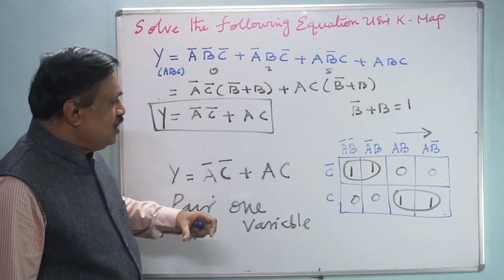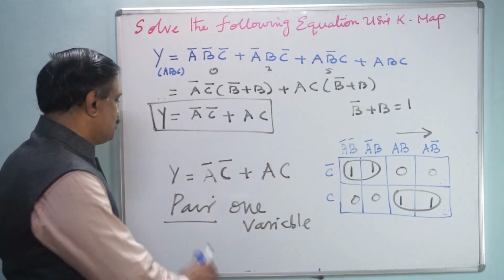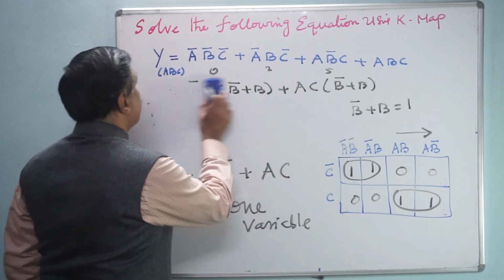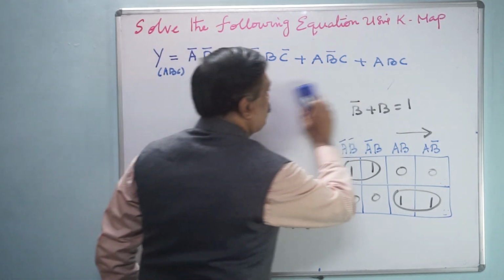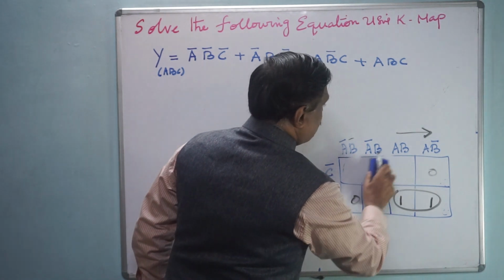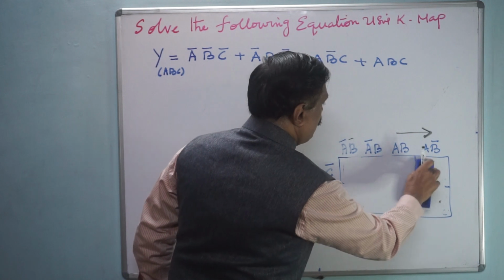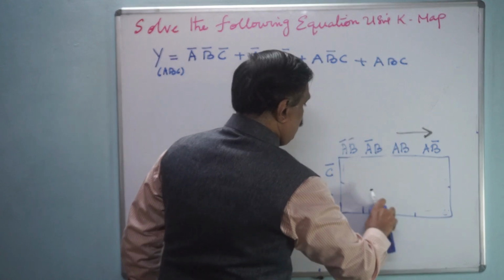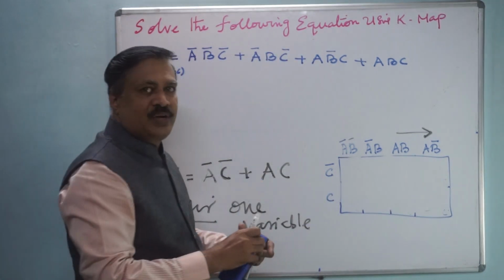Now let us see, if 4 ones are there, then how we will reduce that. I will erase this. I will change this equation only, then you can easily understand. In university exam, definitely they will ask one K-map question.